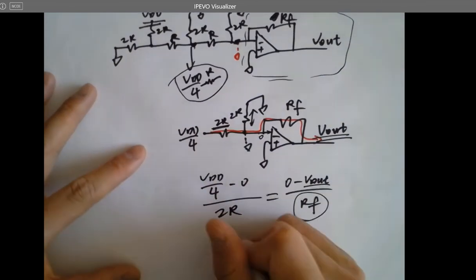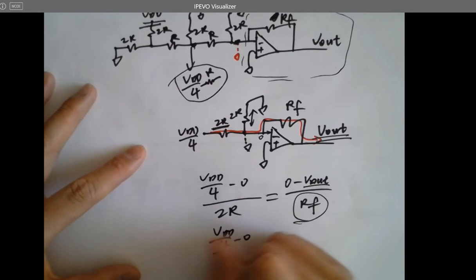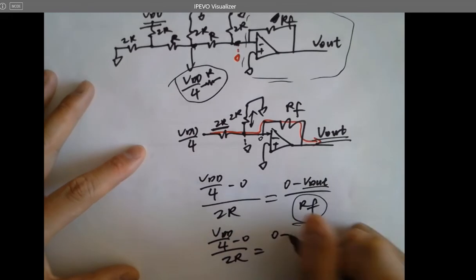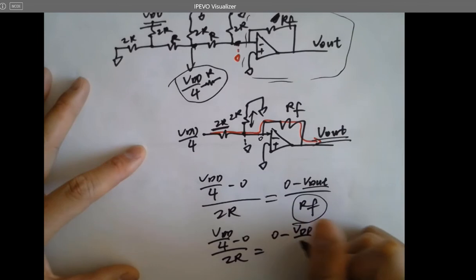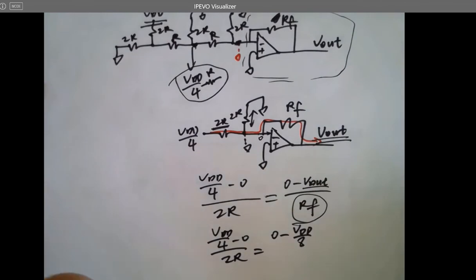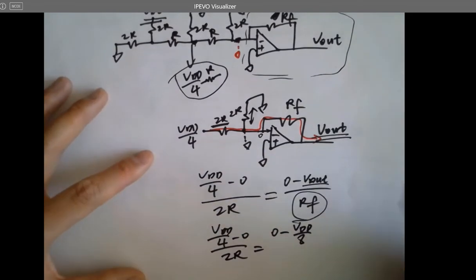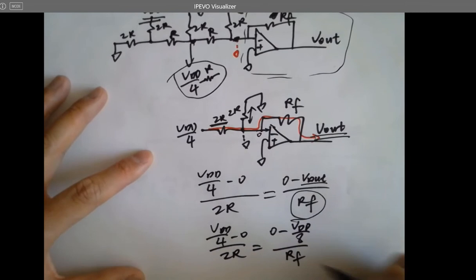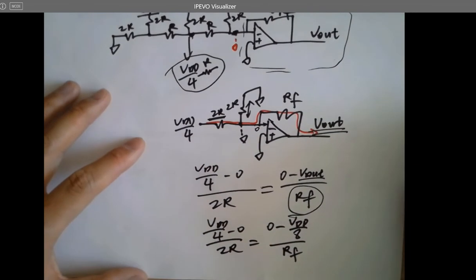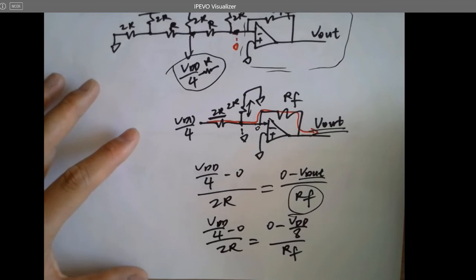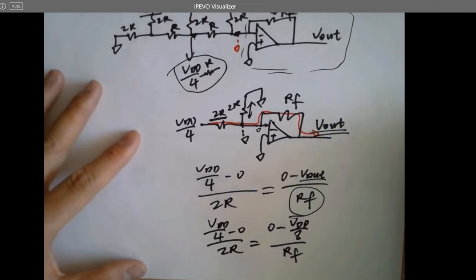The way to do that is VDD over 4 minus 0 over 2R equals 0 minus VDD over 8. Let's just assume it's already VDD over 8. Now we can calculate RF. So what is it?